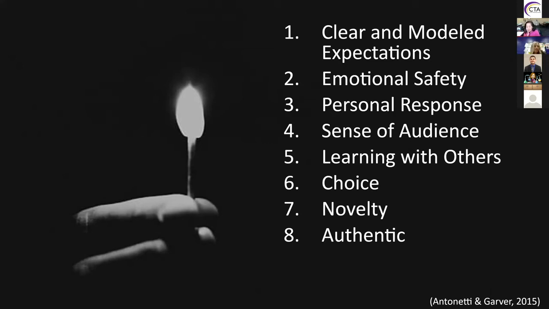So we want our students to be actively engaged, not just compliant in completing the task that we have chosen that match our learning intentions and success criteria. If you're looking at this list of 8 things, you may be thinking to yourself, I cannot create a task that has all 8 of these things. That's not what we're going to be asking you to do.